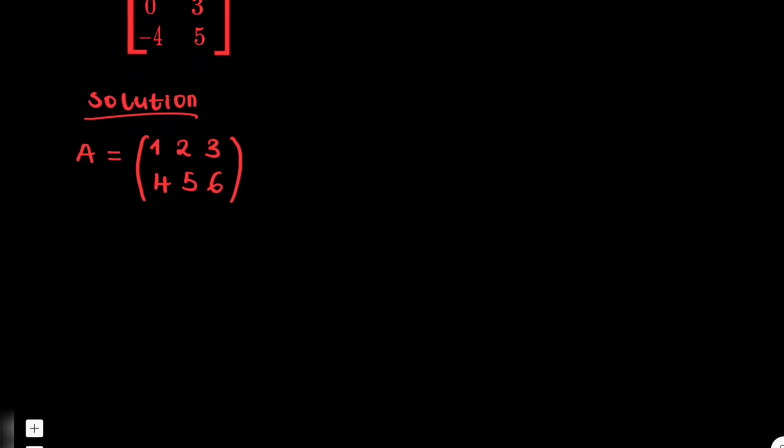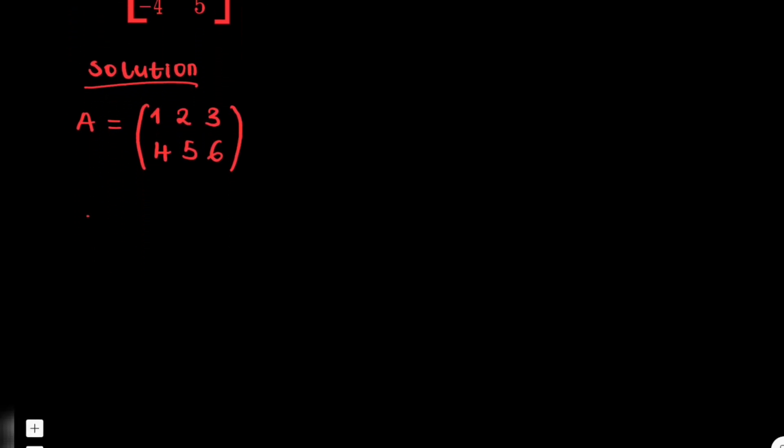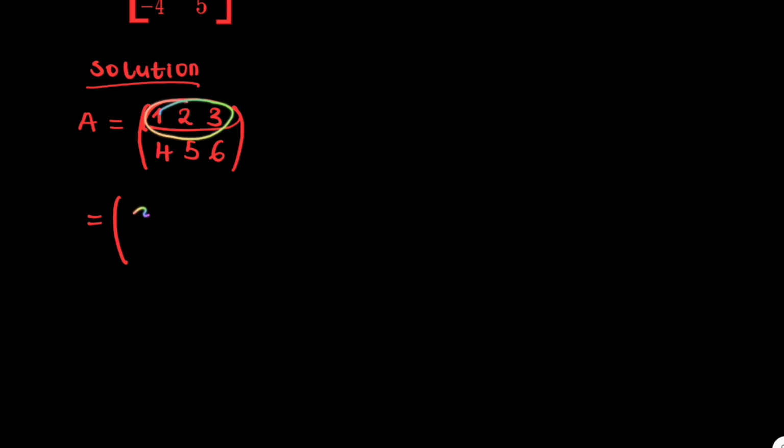We are to find the transpose of A. To find the transpose of this, what we need to put in our head is that the row of this becomes the column. The first row of A becomes the first column of the transpose. The second row of A becomes the second column of the transpose of A.